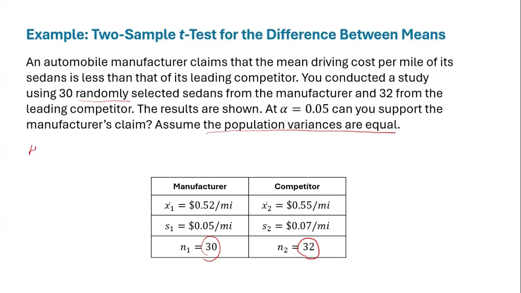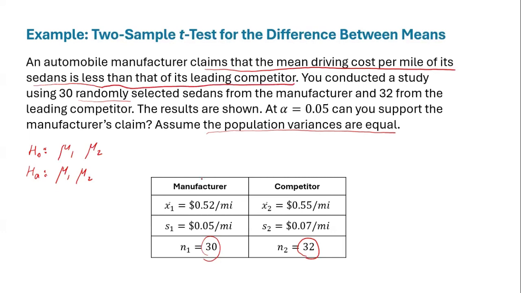So to write the null and alternative hypotheses, remember, since we have two populations, we have two mu. So we have mu1 and mu2. We always have mu1, mu2. We have to find the claim. The claim says that the mean driving cost is less than the competitor's.